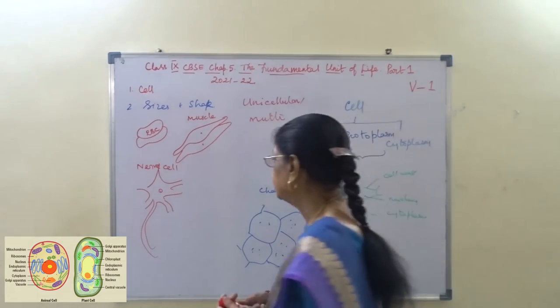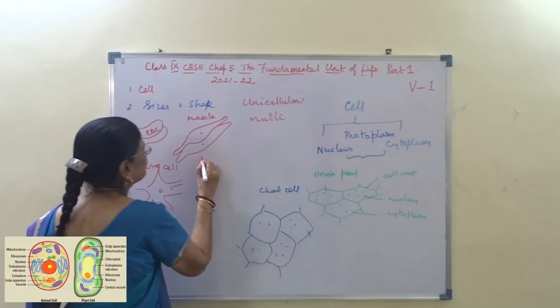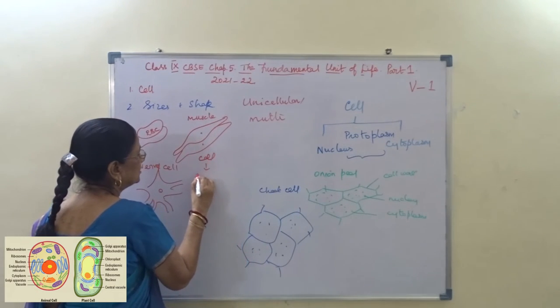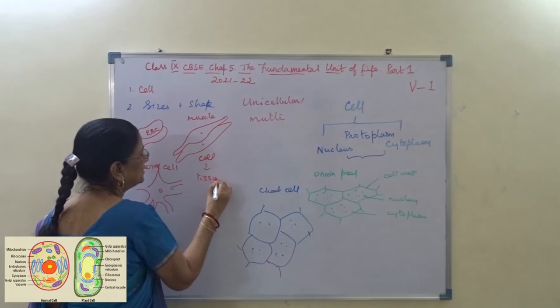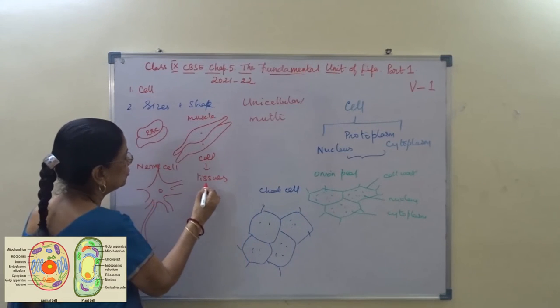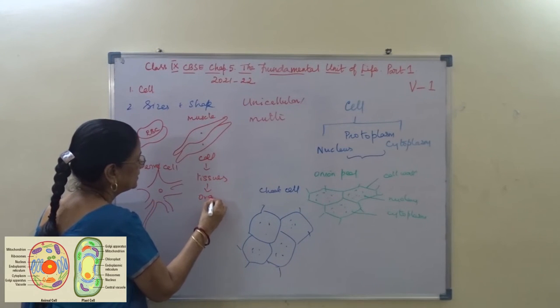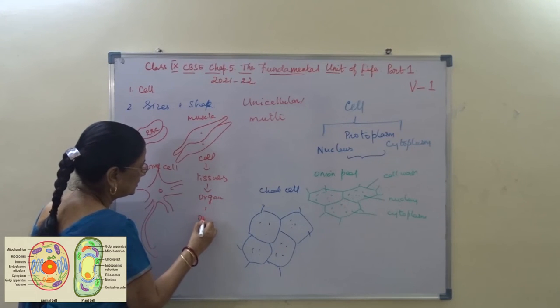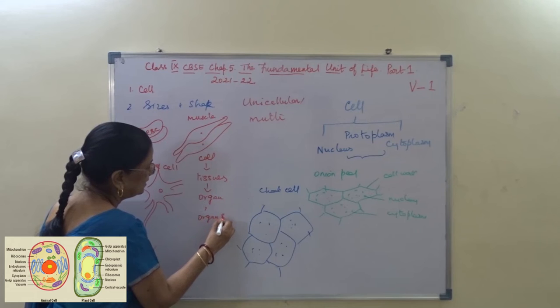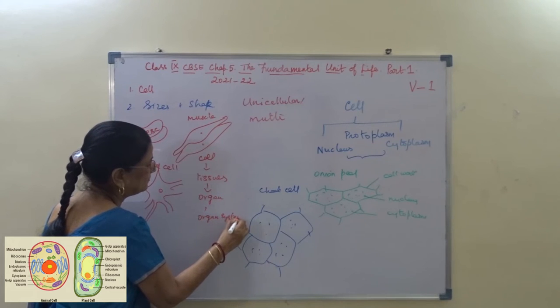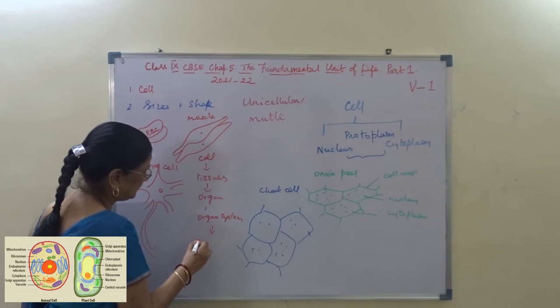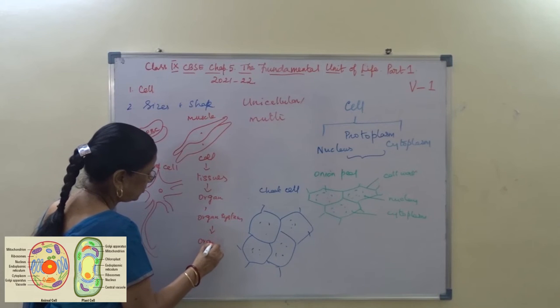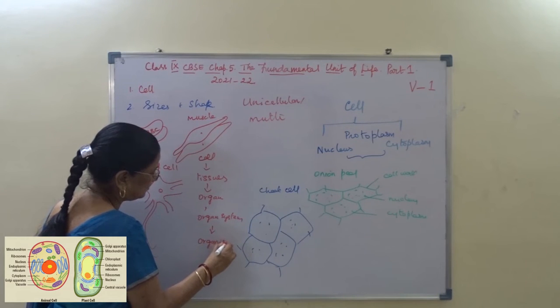What does it mean? We say cell, then a group of cells forming tissues, a group of tissues forming an organ, and then organ systems, and these organ systems form the organism.